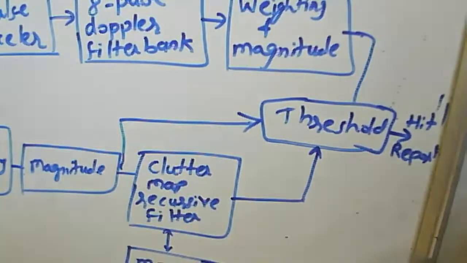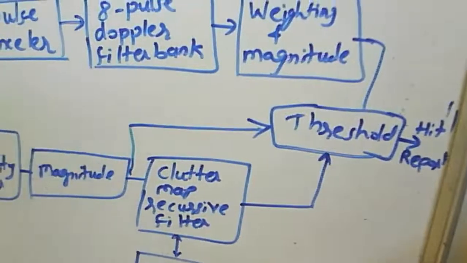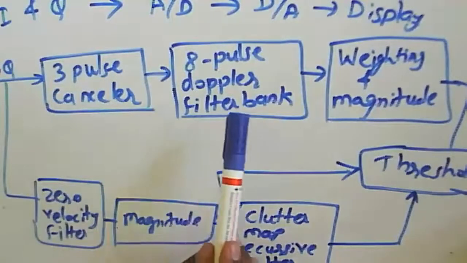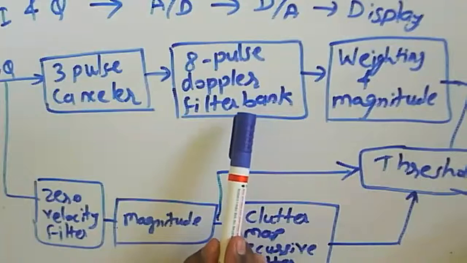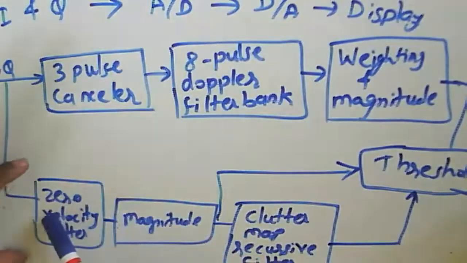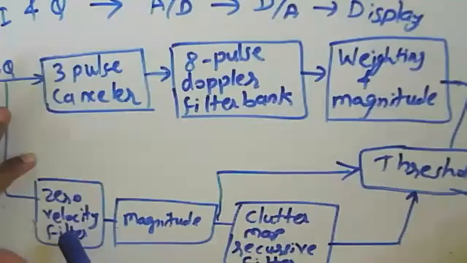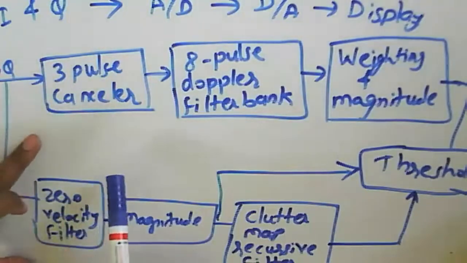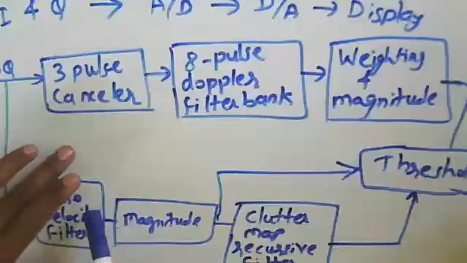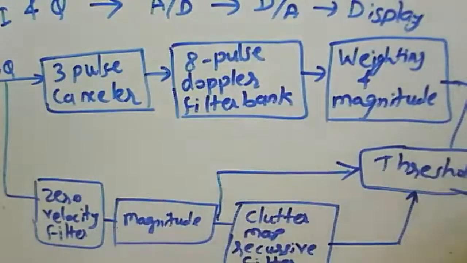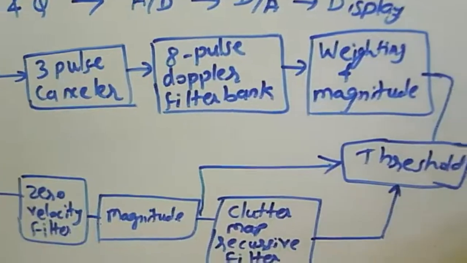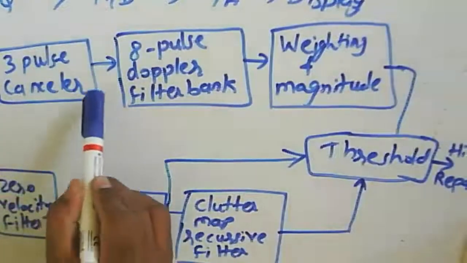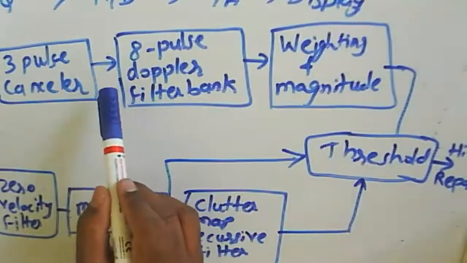So this particular block will use a zero velocity clutter, and that zero velocity clutter will be eliminated by this particular block chain. This 3 pulse canceller will eliminate the stationary clutter.